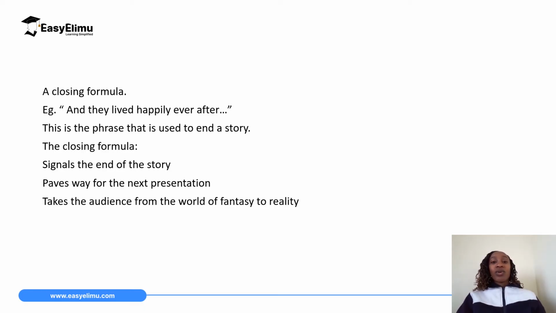So such a phrase, the closing formula, signifies that the story has come to an end. It closes the story. It ends the story. And it also takes the audience back now from the world of fantasy back to reality. Now the story is over. Let us go back now to real life.